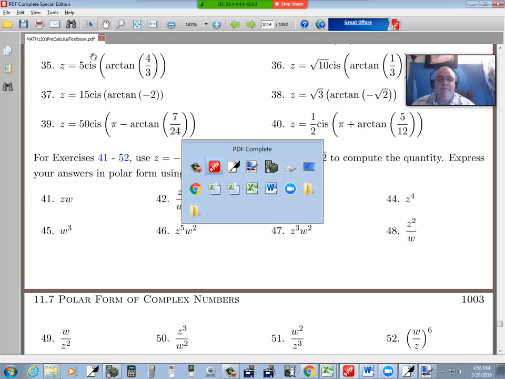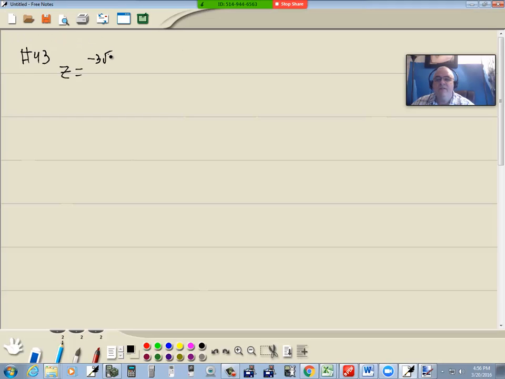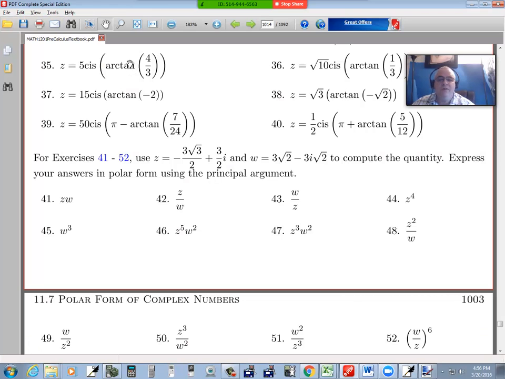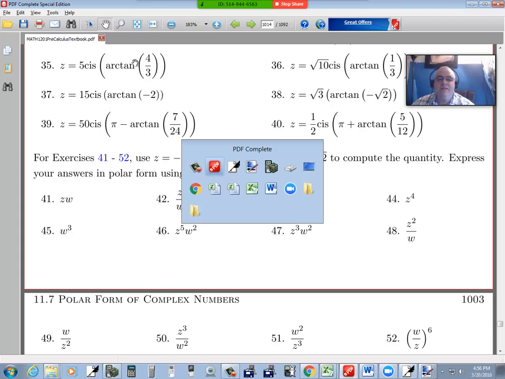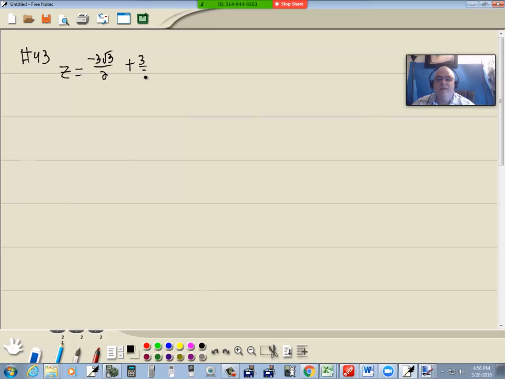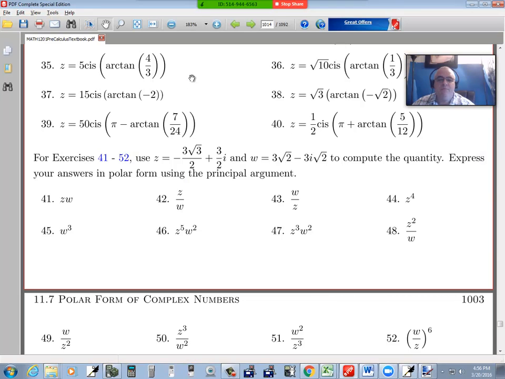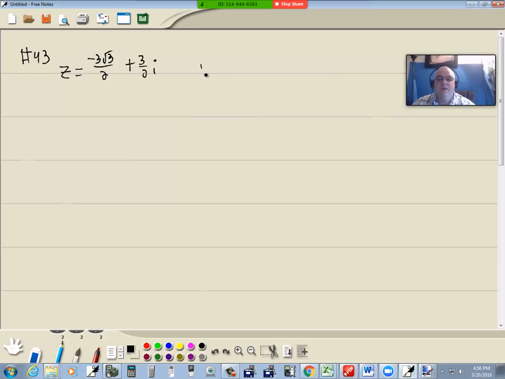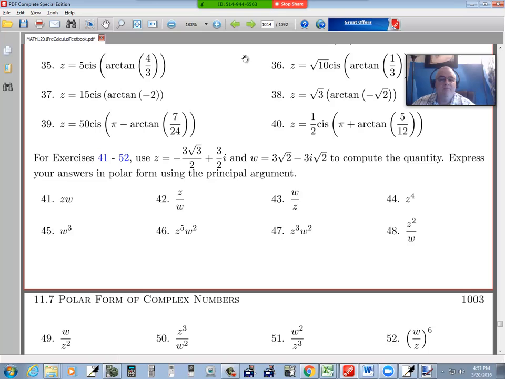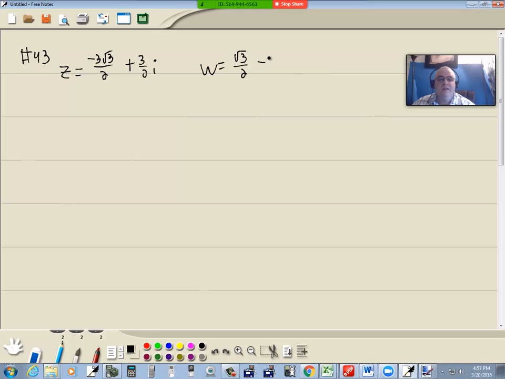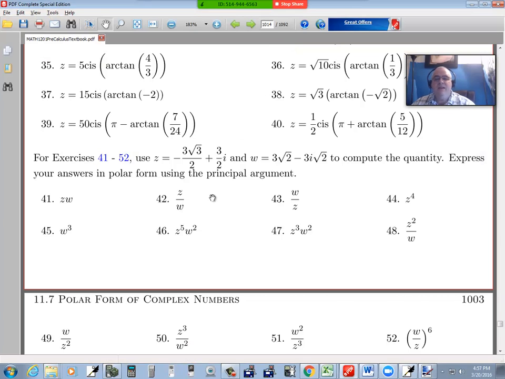Z is equal to negative 3 square root of 3 over 2 plus 3 halves i. Then W is equal to square root of 3 over 2 minus square root of 3 over 2i. And we want to find, which one was it? 43. W divided by Z.